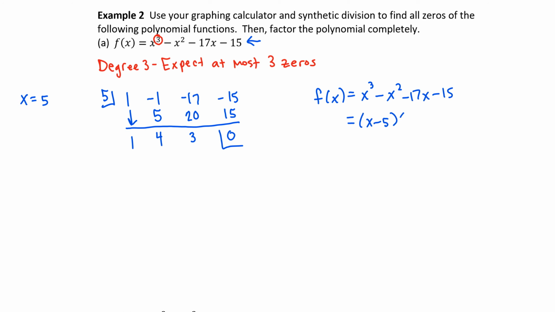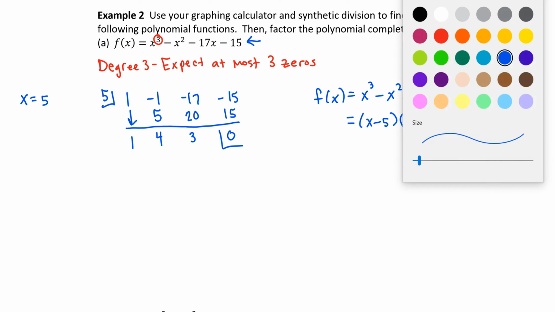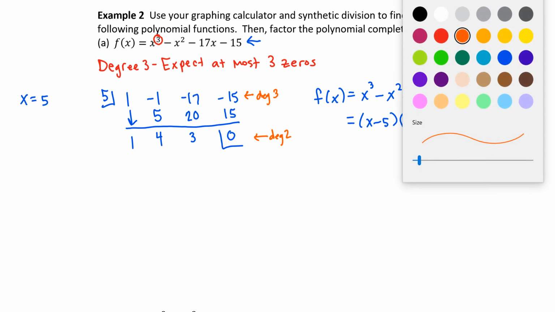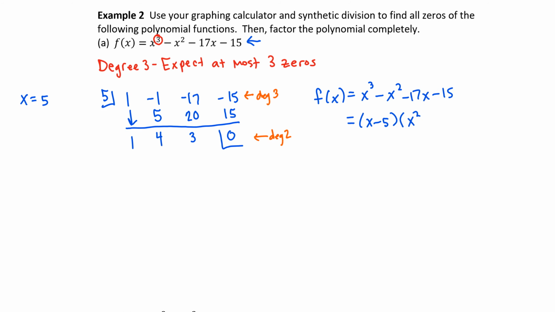Now, if x minus 5 is a factor, where's the other factor? Well, the other factor is in disguise on this line right here. Remember, this line represented a degree 3 polynomial, so the result after one round of synthetic division is a degree 2 polynomial. So I can take those coefficients and assign descending powers of x to determine the other factor.